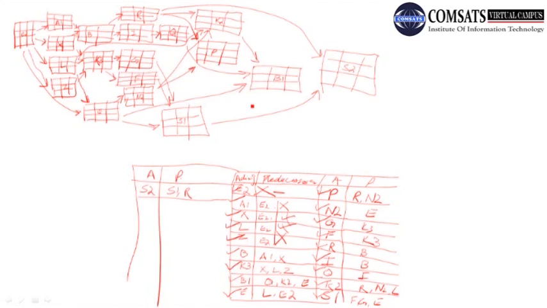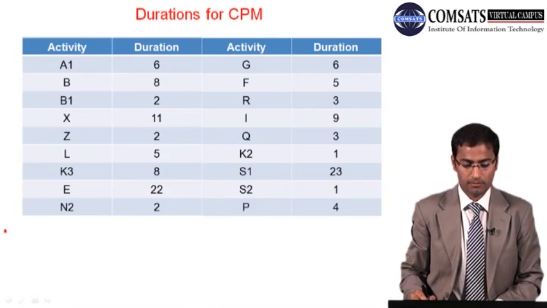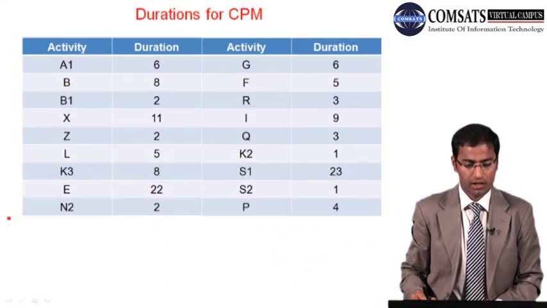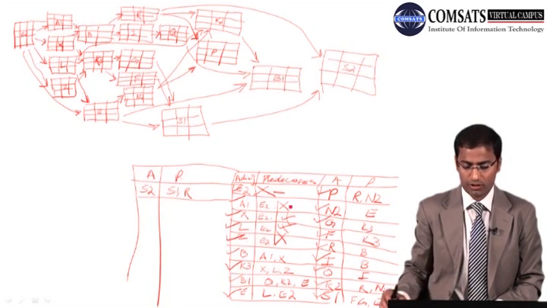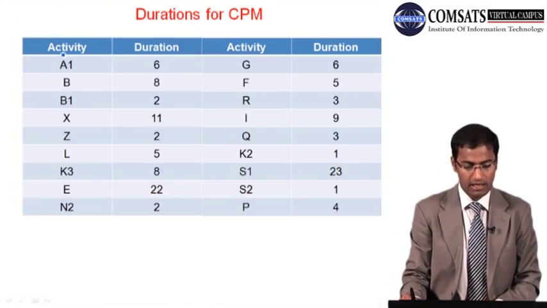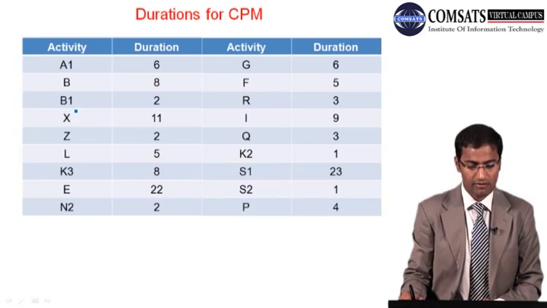Now let's say we are having durations with us. Okay, so A1 is 6, and we are having E2 duration. Let's say E2 has a duration of 6, A1 has duration 6, and X has duration 11.